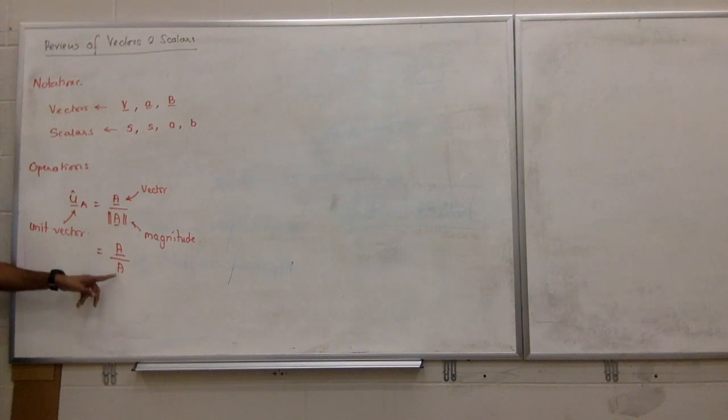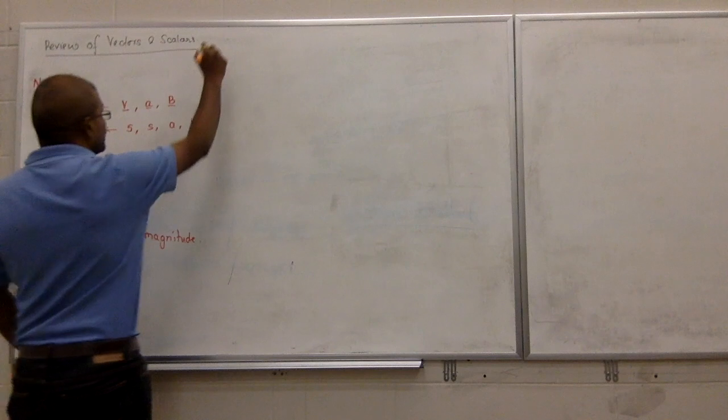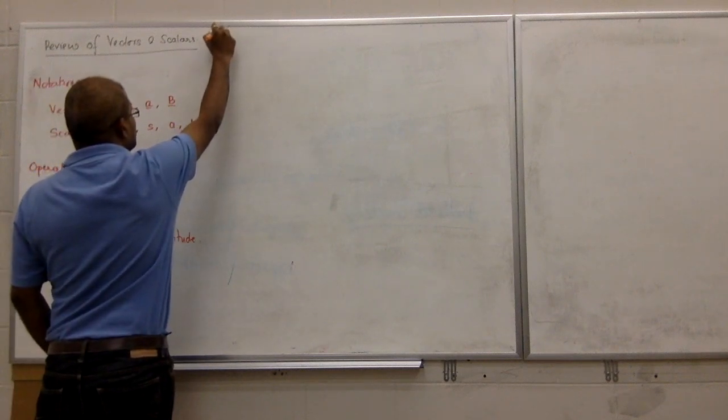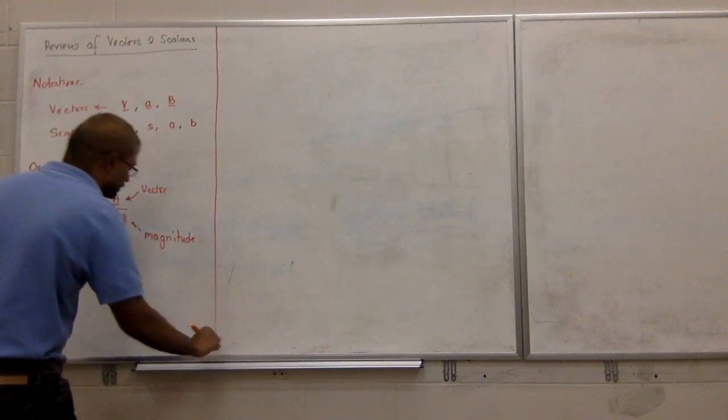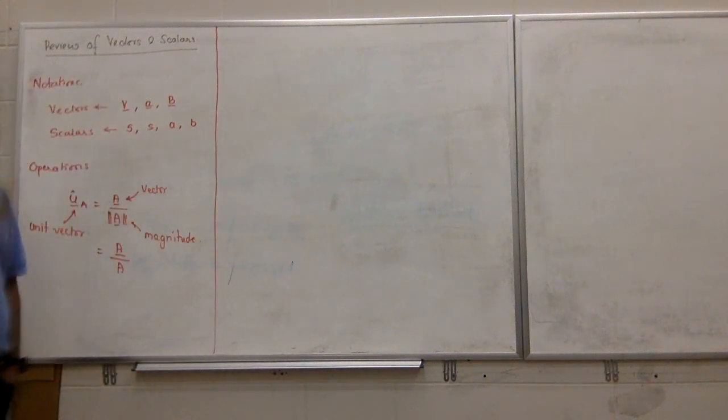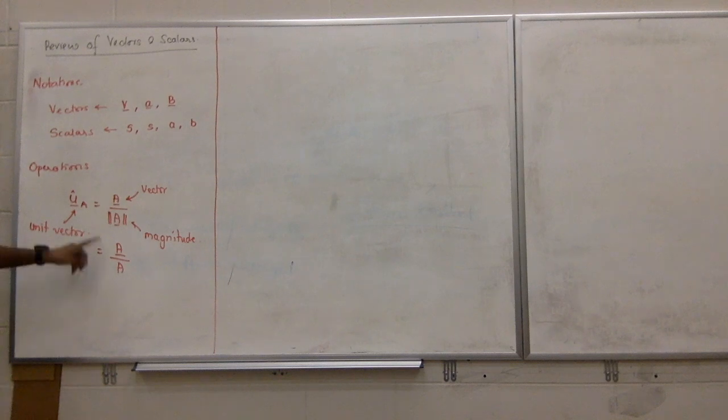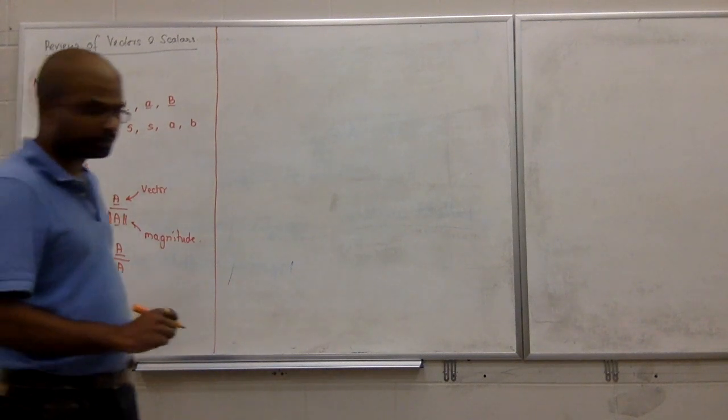Magnitude of a vector is just the scalar. Okay? If you take the magnitude of a vector, it is just a number. Okay? So you can write this like this. I can write what it is. That is that. So those lines really aren't that deep. It just means. So an example would be, how do you represent a vector?